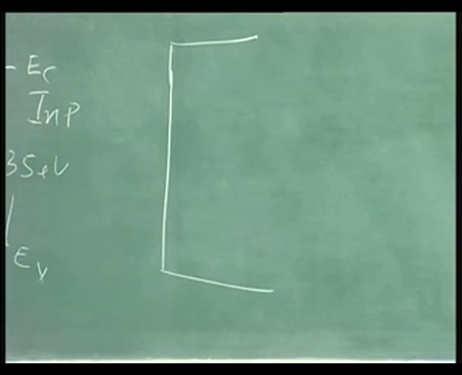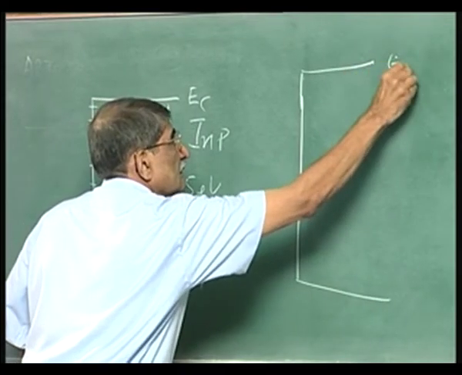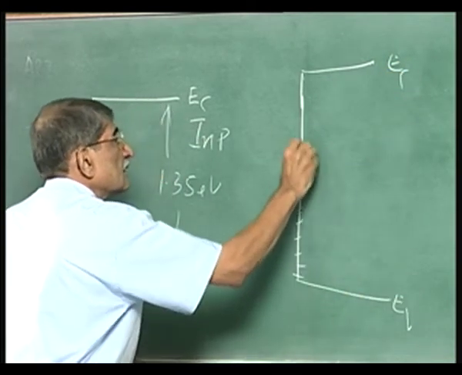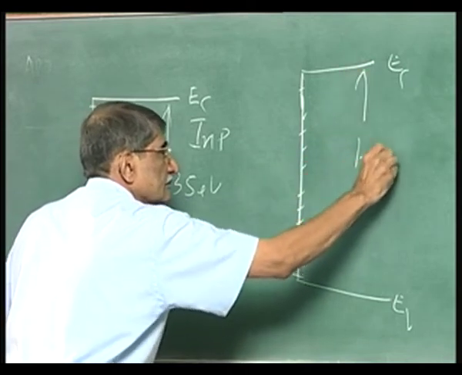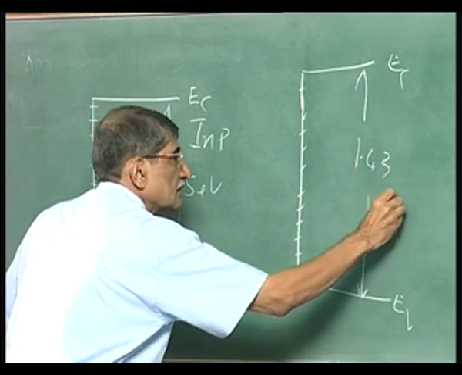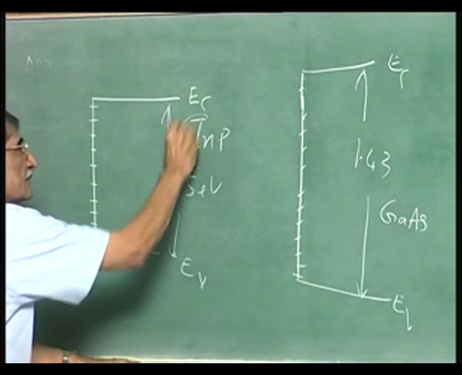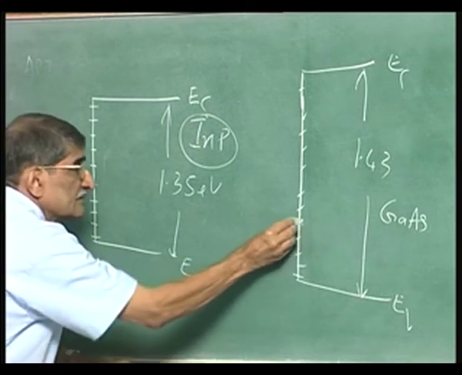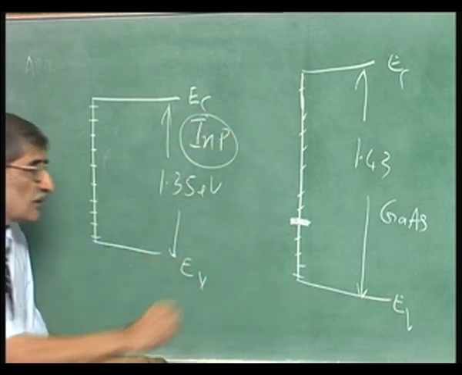In gallium arsenide, you have the neutral level here, EC, EV. These are all the levels, 1.43. This is gallium arsenide. This is indium phosphide. Suppose the neutral level is here, 2/3 of Eg, that is E naught.